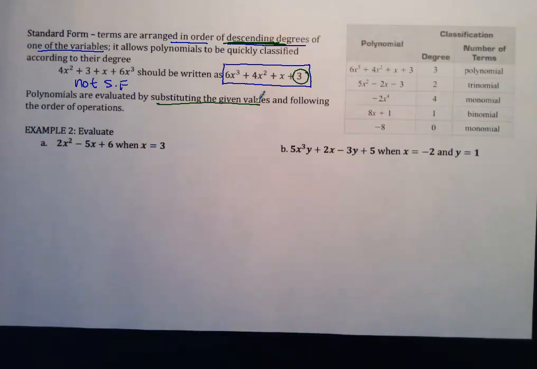No? Okay, so Connor, how would we evaluate here? Okay, so write me the new expression. Yeah, so we just put the 3 in. Okay, so how would I solve it, Connor?